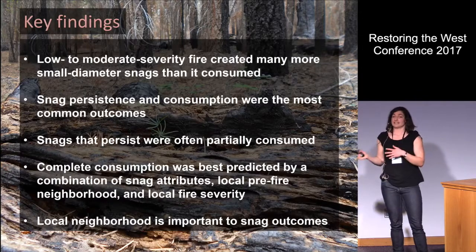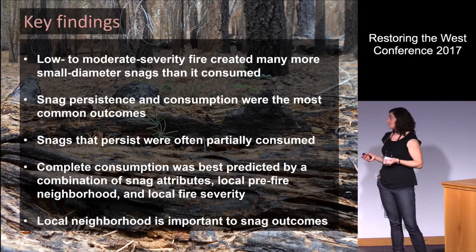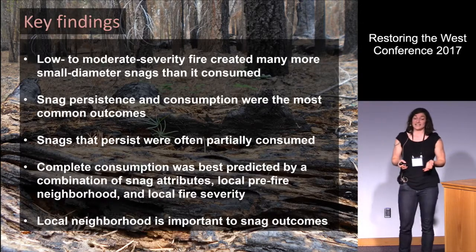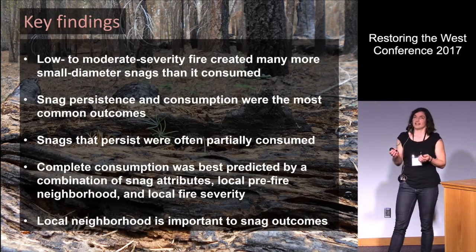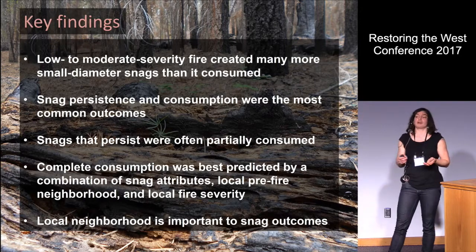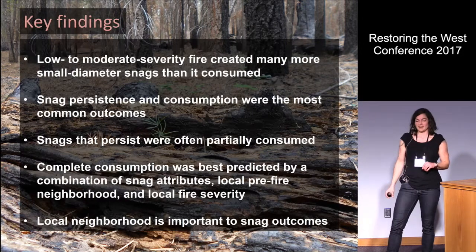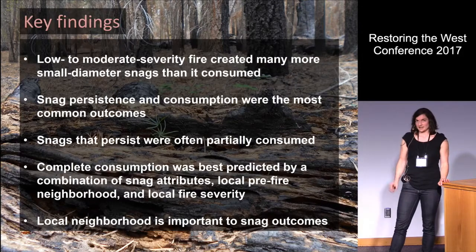Finally, we saw that the snags that persisted were often partially consumed. And I showed that including neighborhood metrics can help us improve models of snag consumption. And that is an area that I am interested in focusing more on with my future research.